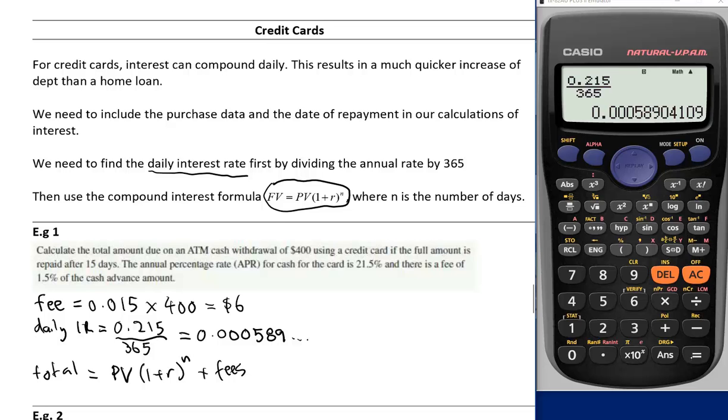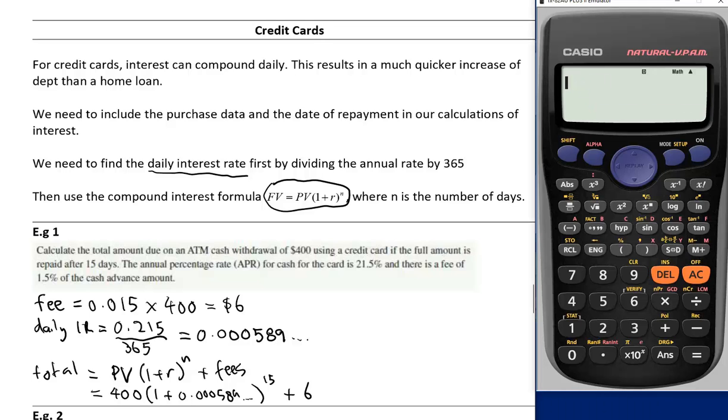In this instance, our present value is 400. Our daily rate is this amount that we've included here, 0.000589. And the number of days is 15. And we're going to add on our fees here. So this extra fee is just $6.